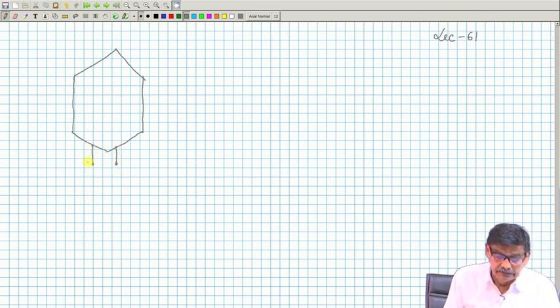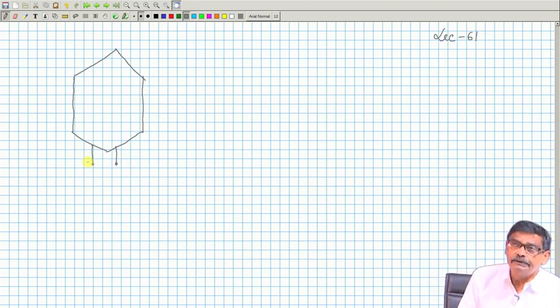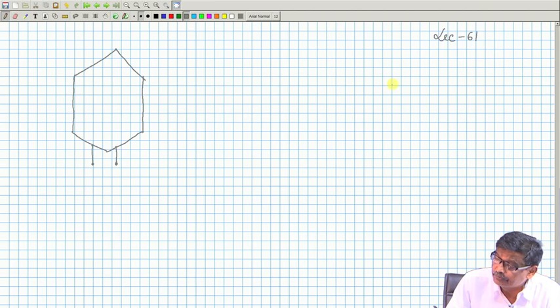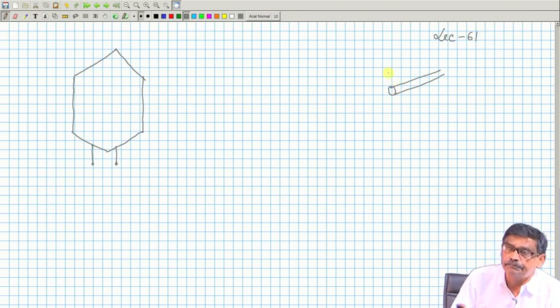Now, what is to be done is this: below this, on the shaft of the machine, this is the shaft. I will put another thing like a ring, which will look like this.